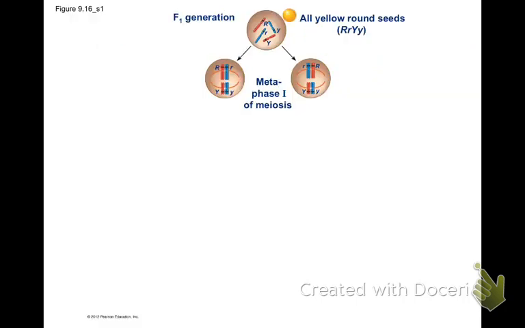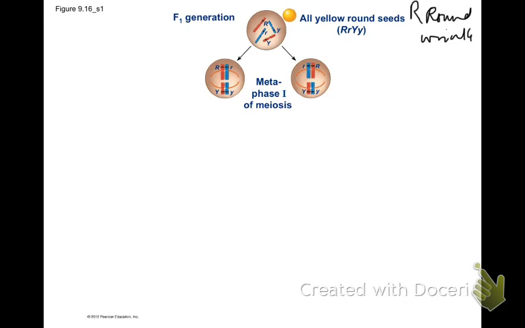So here, this is the F1 generation, and he is talking about two genes or two characteristics: round seeds and wrinkled seeds.